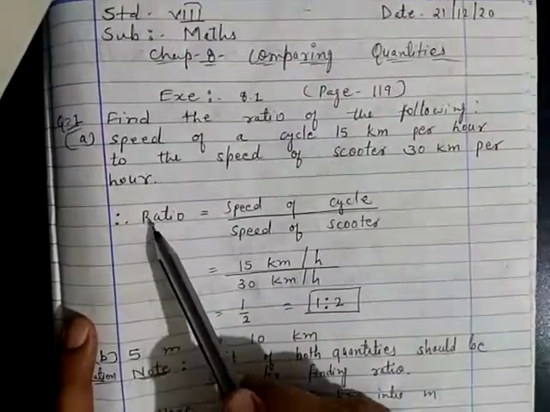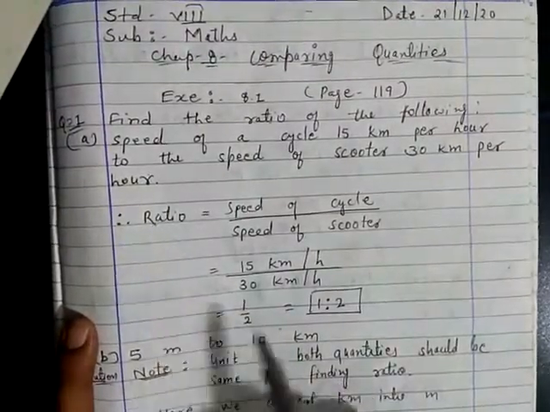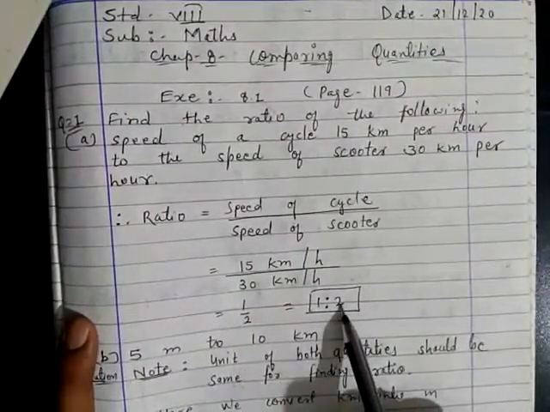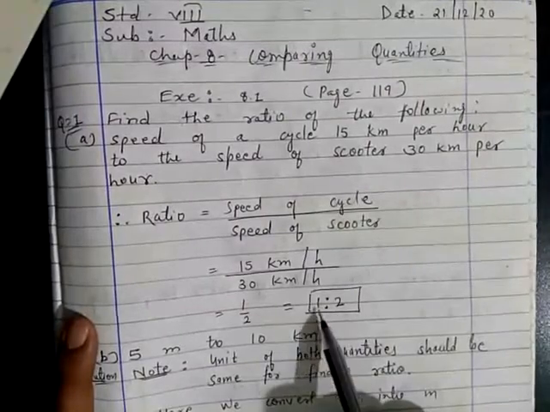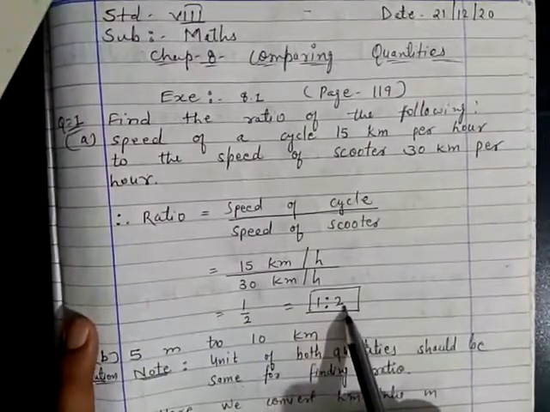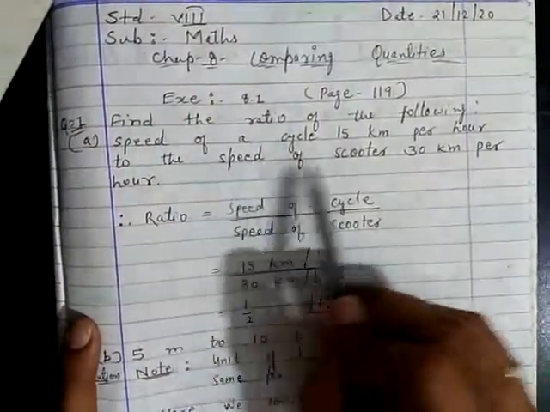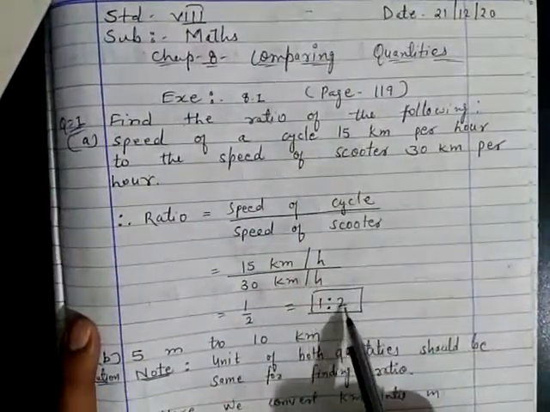We have to write the ratio, so we write numerator first and after that denominator, and it is written as 1:2. The ratio of speed of cycle to speed of scooter is 1:2.